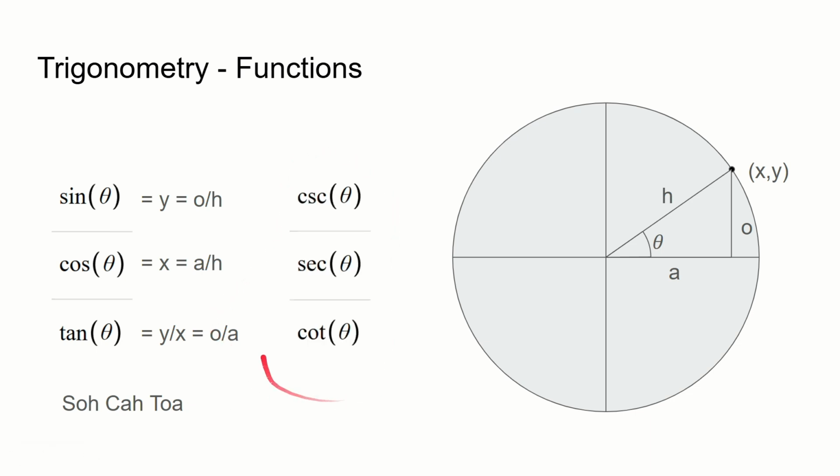There are also these functions where cosecant is the reciprocal of sine. So 1 divided by sine is cosecant, 1 divided by cosine is secant, 1 divided by tangent is cotangent. And these names are based on the original names.